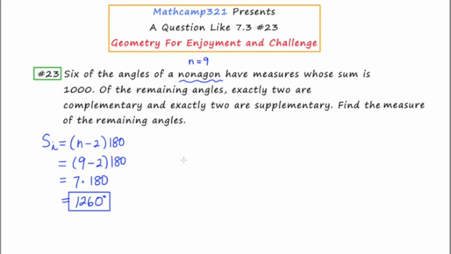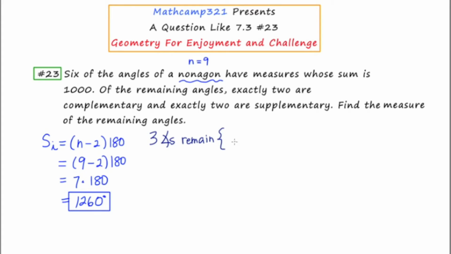Okay, now this is where it gets a little interesting because all of the angles together add up to 1260, but 6 of those 9 add up to 1,000. So the first conclusion we can draw is that if they've addressed 6 of the angles, that means there are 3 angles remaining.